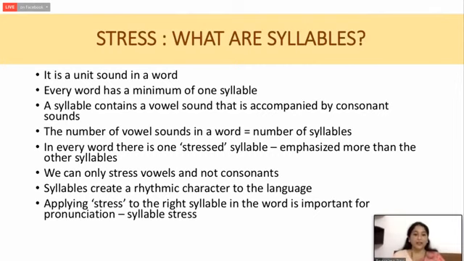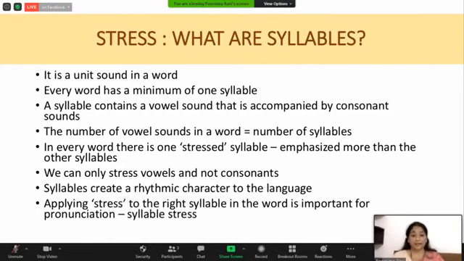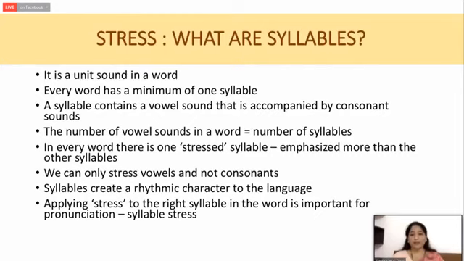So the number of vowel sounds in a word equals the number of syllables. In every word, there is one stressed syllable. This stressed syllable is emphasized more than the others. There are also some words which carry a secondary stress. But as beginners, first focus on the primary stressed syllable.